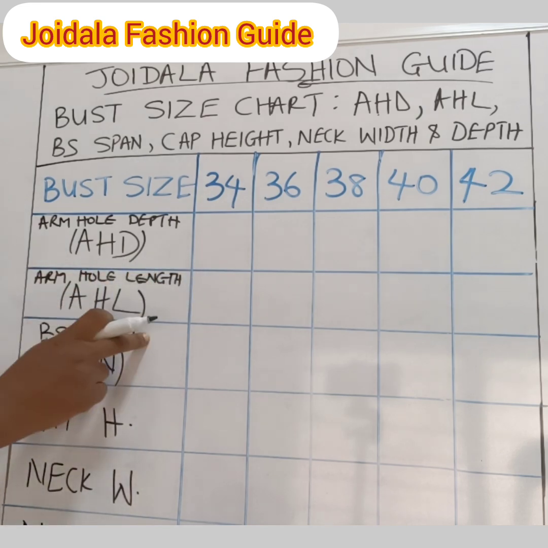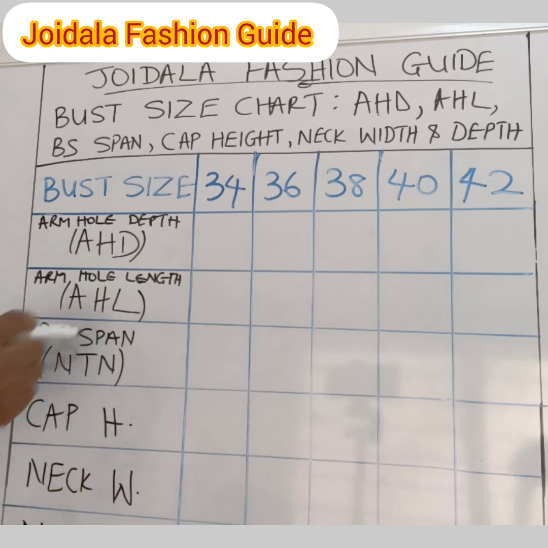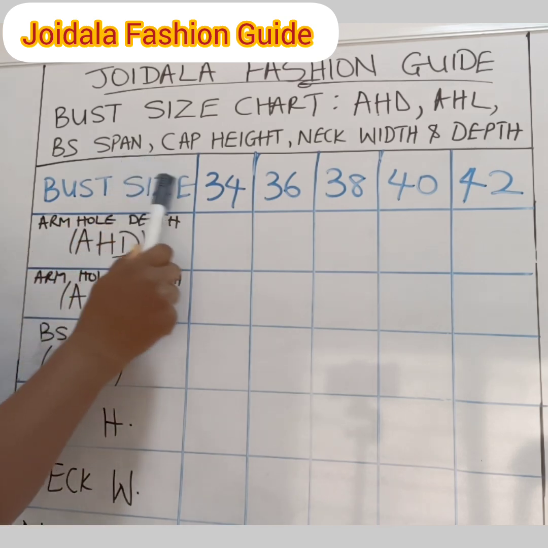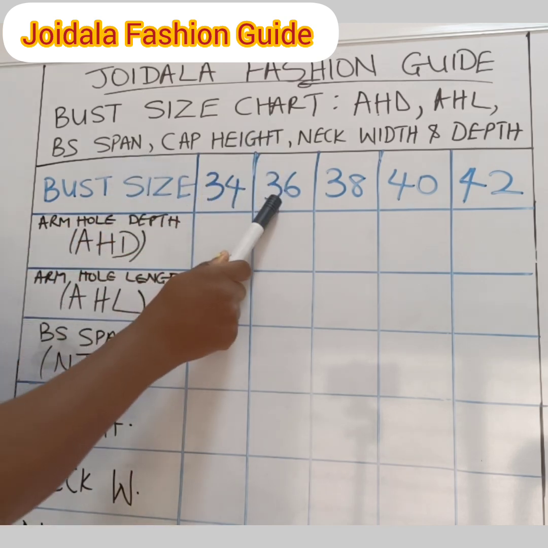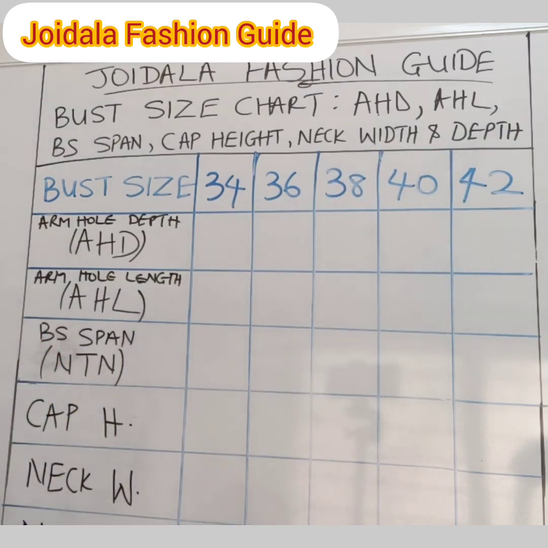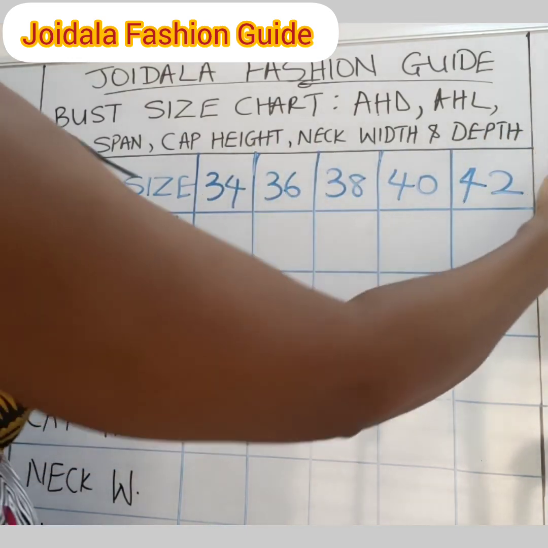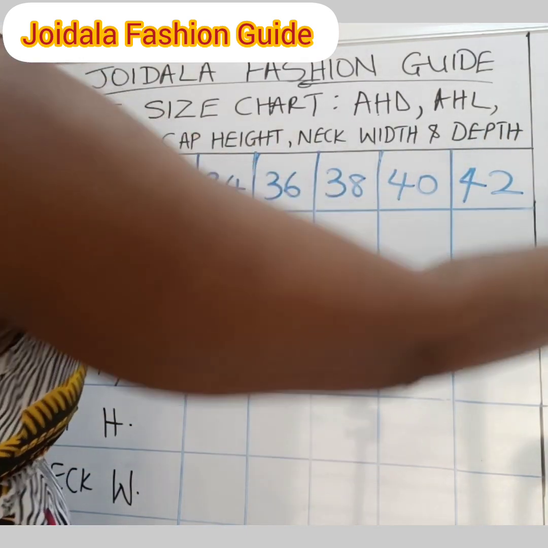And then bust span, which is also known as the nipple to nipple, and then we have the cap height, and then the neck width, neck depth. Now the bust sizes we are going to be considering today are 34, 36, 38, 40, 42. After listening to this class, you can go ahead and extend yours maybe up to 50.